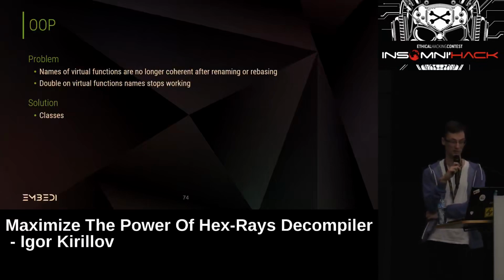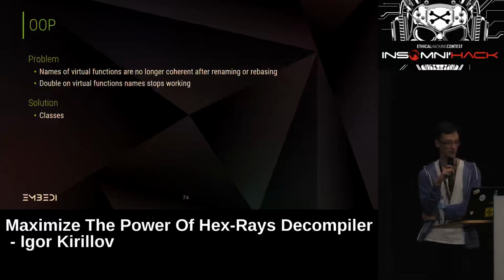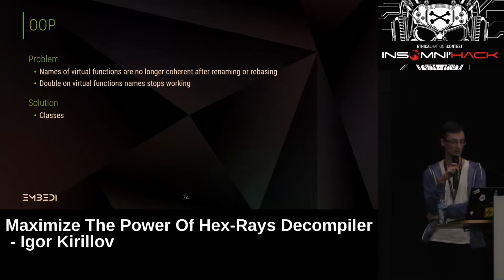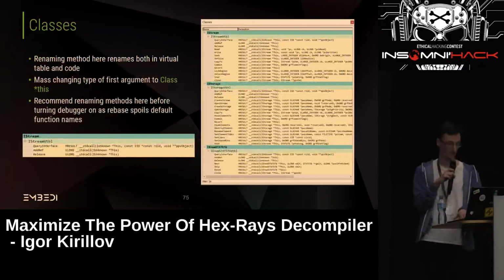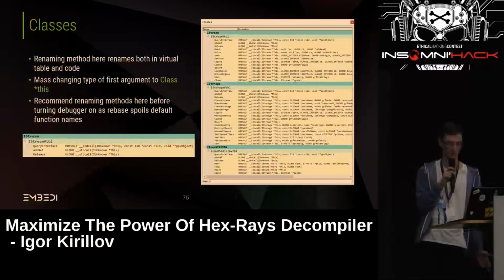And here we've got a problem. Names in virtual tables created in local types are not synchronized with IDA Pro functions. For solving that problem, there is a special window named classes. And it looks like this. It is possible to rename a function here, and its name in code and in virtual tables will also be changed.